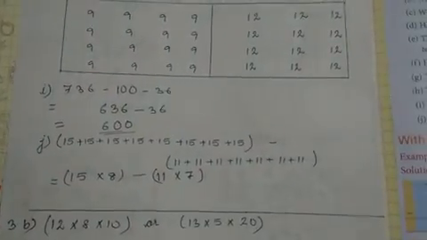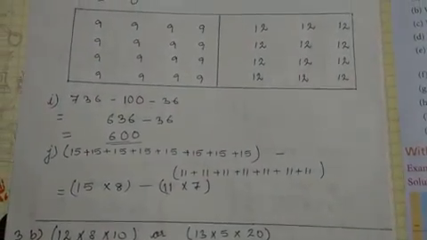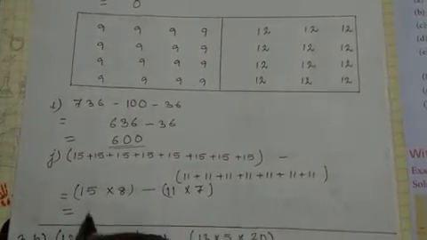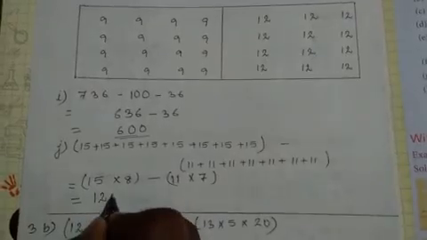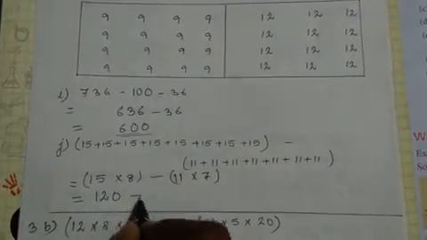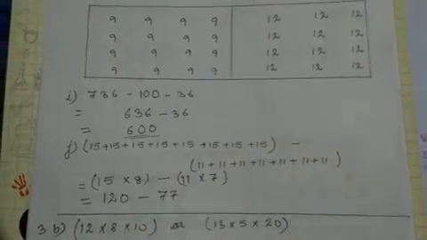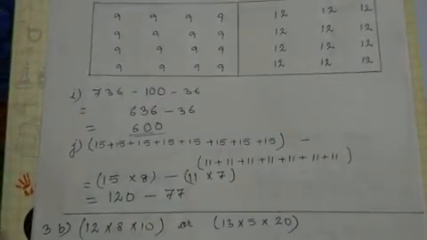For this also we need to know the table of 15 and also of 11. So 15 8s are, if you know the table, you will be able to write 120, and 11 into 7 is 77. So we need to subtract here.